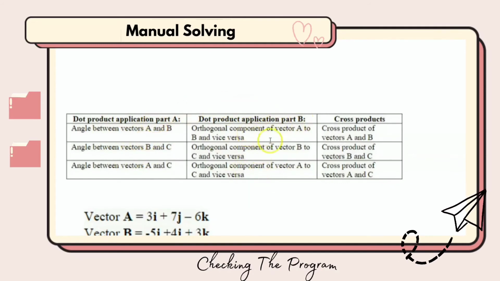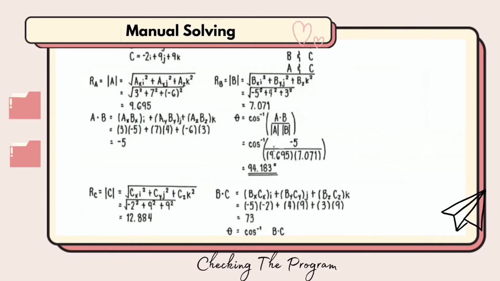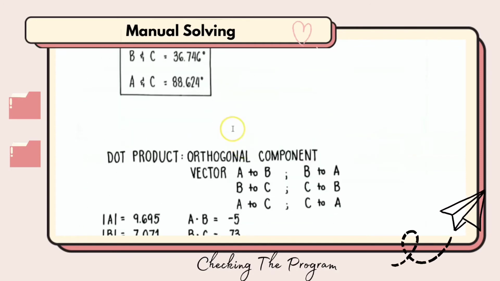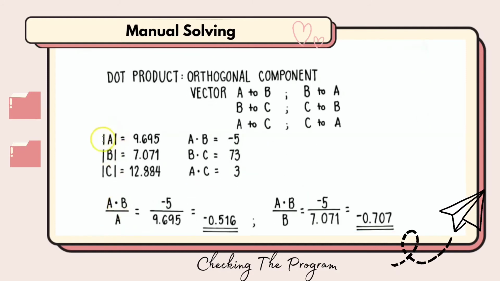Now that we are done solving dot product application part A, we are going to proceed to dot product application part B, where we find the orthogonal component of the vectors using the dot product. In solving that, we use the magnitudes and the multiplication of the two vectors that we solved before.